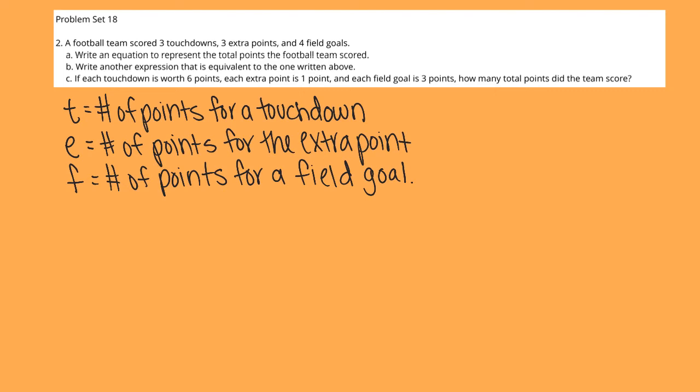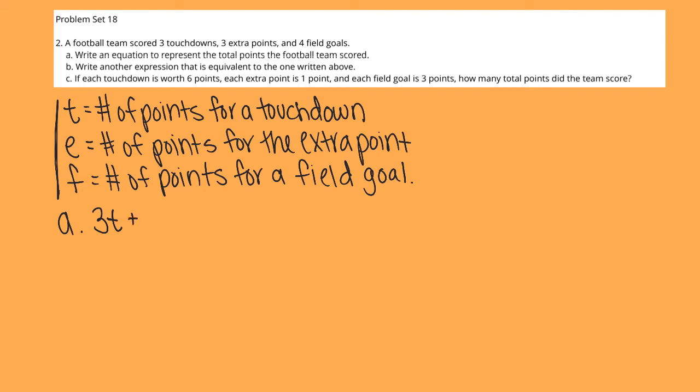So now that we have our variables written down here, we are going to set up our equation. So our equation is going to look like this. Well, how many touchdowns did the team score? For A, we know that the team scored 3 touchdowns. And we're using T for the amount of points per touchdown.